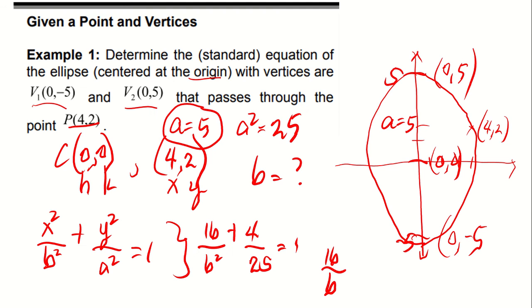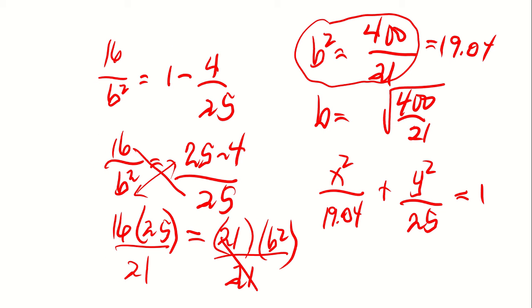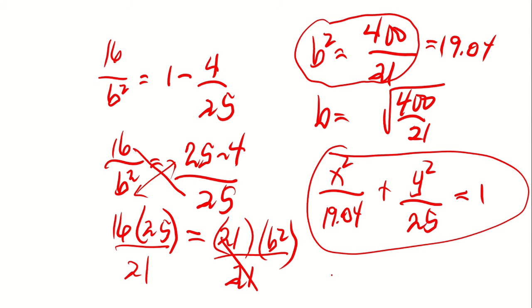Tama po ba? Ang ating a squared ay 25, and then ang ating b squared is 400 over 21 or 19.04. So ito yung ating equation ng ating ellipse. So to have an exact value, x squared over 400 over 21 plus y squared over 25 is equal to 1. So thank you.